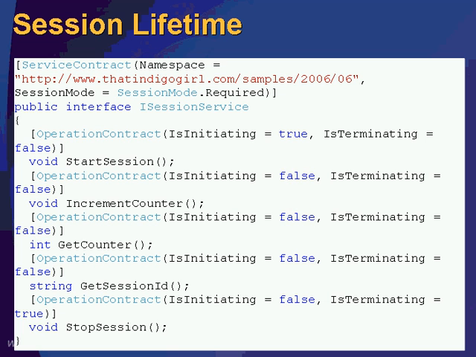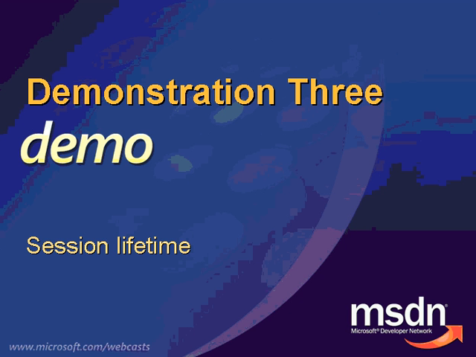We also don't want to terminate the session after these calls, but we do want to terminate after stop session. So what we do is we set is terminating to true. So this would be an example of an interface that supports sessions and that requires sessions and that forces the user to make calls in a particular order. And that can be useful in some cases.